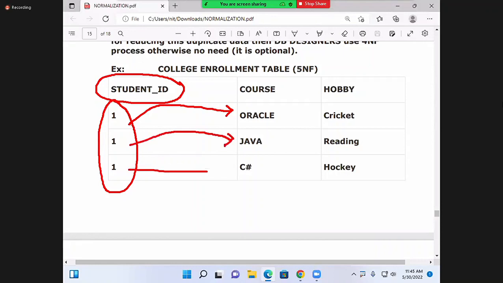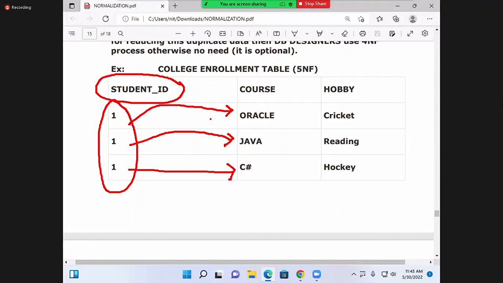Observe carefully. So one Oracle, one Java, one C#. That means the same value, 111, is matching with many different values of the other column. That is called multiple values of the other column.